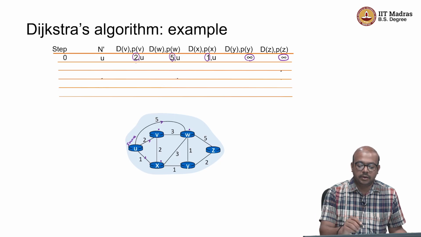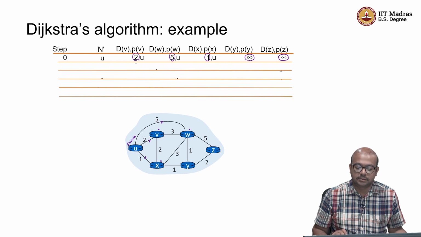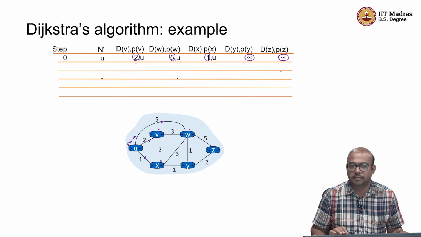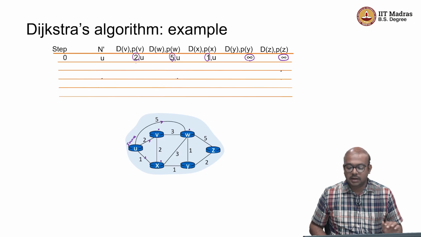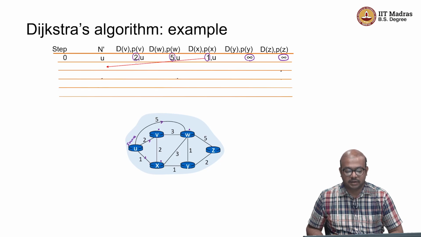If you look at 2 or 5, both are greater than 1. So, it is not possible to have a cost to reach x which is lesser than 1, clear? So, 1 is the least cost here, and this should directly be added to the n prime set.